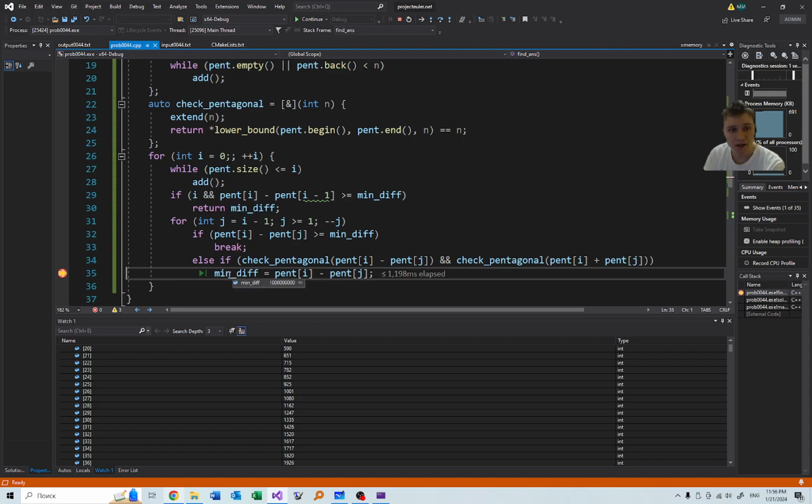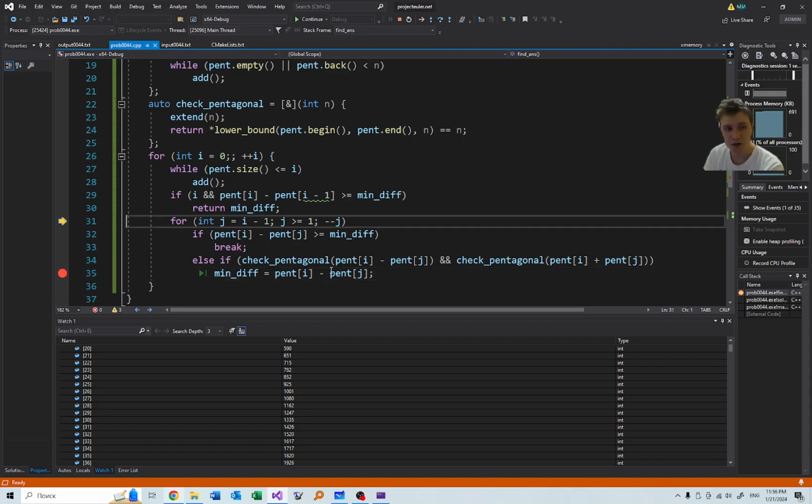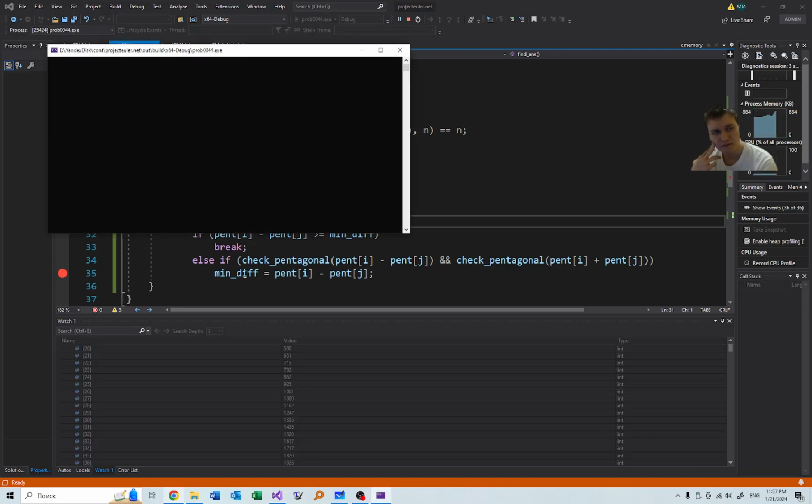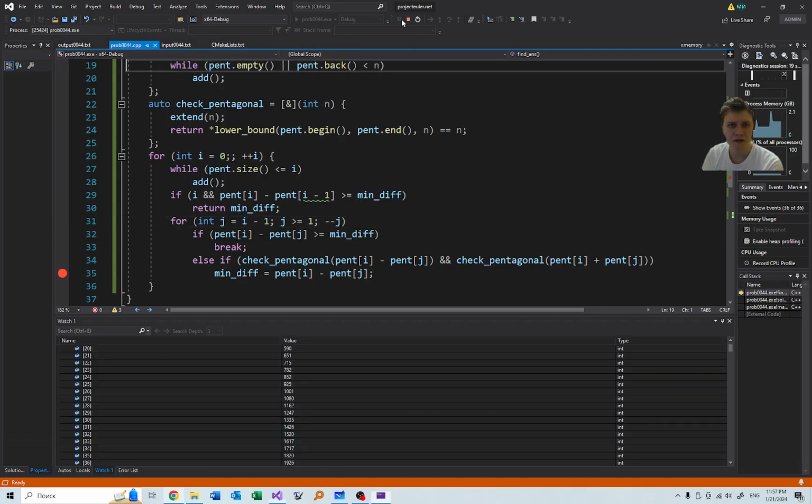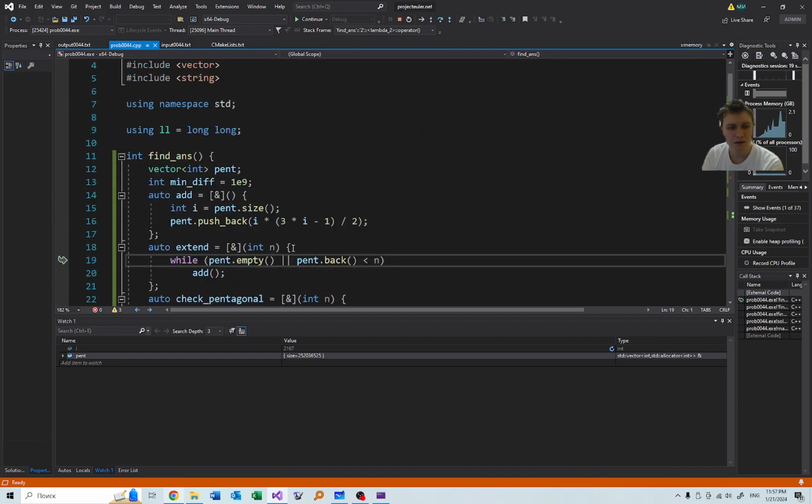Okay, finally, we jumped here. Now we see that min diff is some huge number. But then we need to continue for a lot. Yeah, something bad happened.